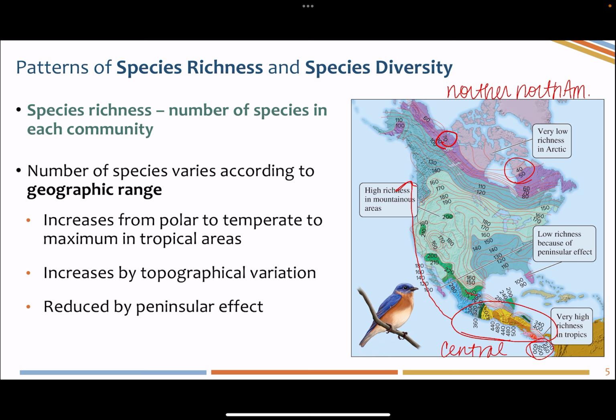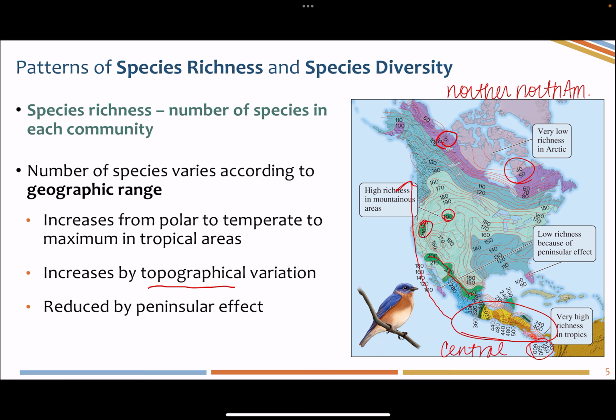We have very high species richness in mountains. So as we increase elevation, our temperatures become more moderate, and we tend to have a little bit more species diversity in those areas as well. So depending on the topography or the landscape in a particular area, we can also change our species diversity.